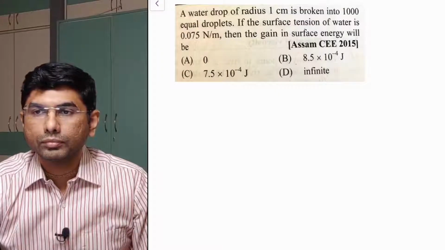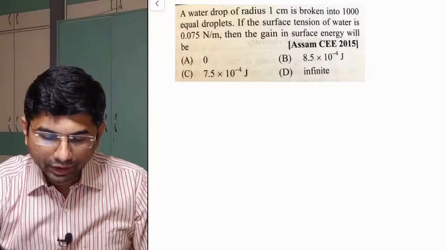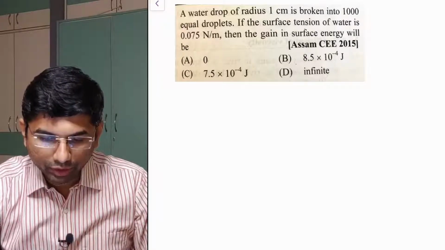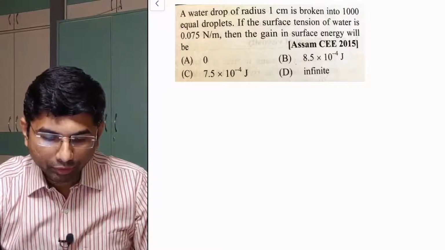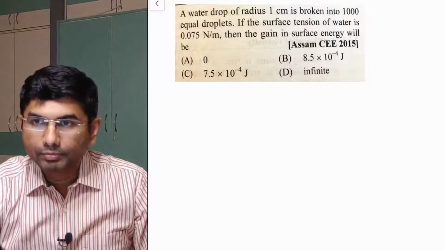The next question. Okay, I just need some time. Okay, next question. A water drop of radius 1 centimeter is broken into 1000 equal droplets. If the surface tension of the water is 0.075 Newton per meter, then the gain in surface energy will be.